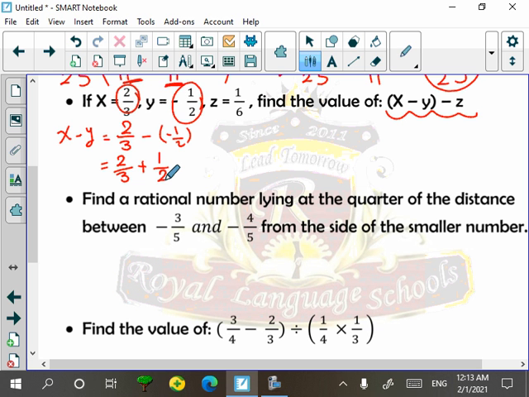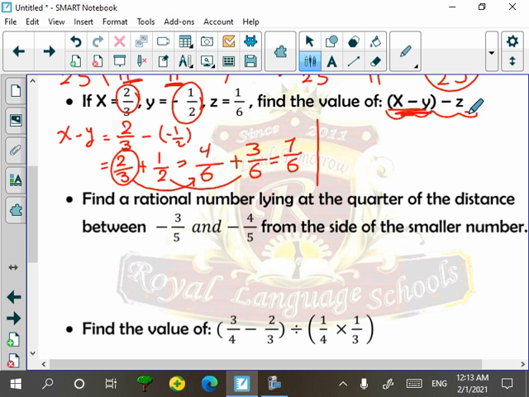You can use the calculator and you can use the property of addition, where the common denominator will be 6, then 2/3 converts to 4/6, and half converts to 3/6. Then 4/6 plus 3/6 equals 7/6. Now x minus y minus z: x minus y we found the result 7/6, minus z, which is 1/6.